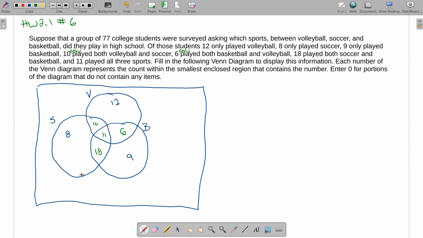So now we have to take all this information together along with the 77 to figure out how many played a sport that wasn't volleyball, basketball, or soccer, or didn't play a sport in high school. So those people would be all outside of here. So then we have to add these numbers up. I'm going to make a list. Start with the 8, 18, 9, 6, 12, 10, 11.